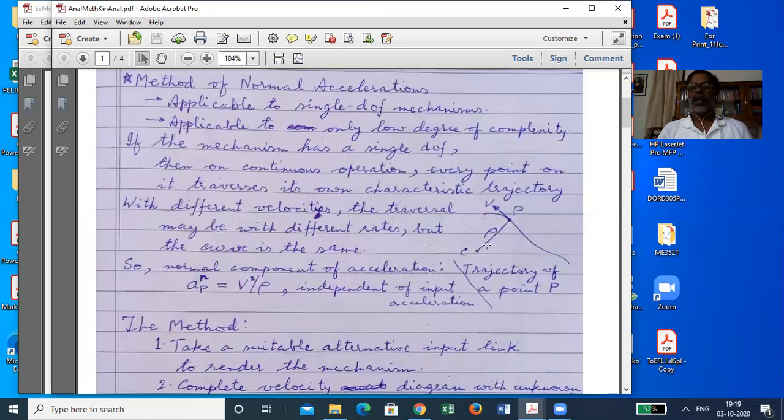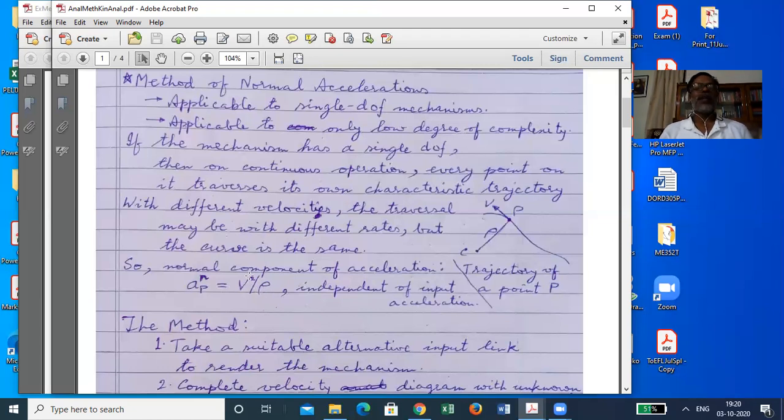The normal acceleration is v square by rho, and this is the key. Why? Because this normal component of the acceleration of p, we are talking about absolute acceleration. This is the curve on which the point p actually moves. So the normal component of the acceleration, that is, that component which is perpendicular to its velocity, actually does not depend on any of the acceleration quantities by which you may decide to drive the mechanism.